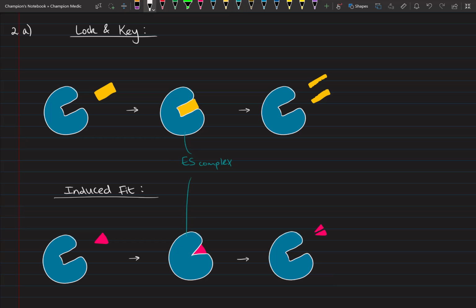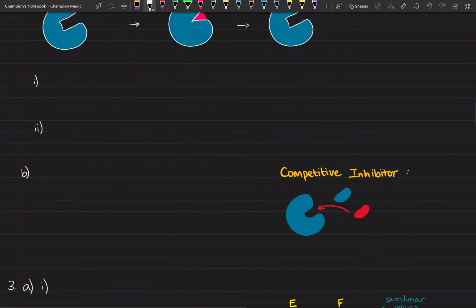Whereas in the induced fit, the substrate is not exactly complementary to the active site of the enzyme. Therefore, the active site has to change its shape, mold around the substrate, and then bind to form the enzyme substrate complex. So that's the difference. To answer part 1, you would say the active site isn't complementary.